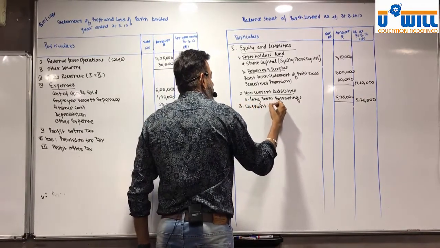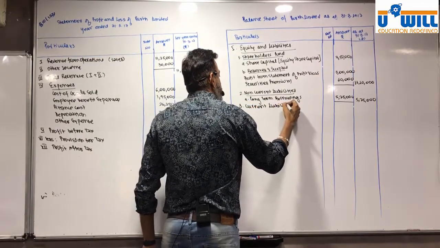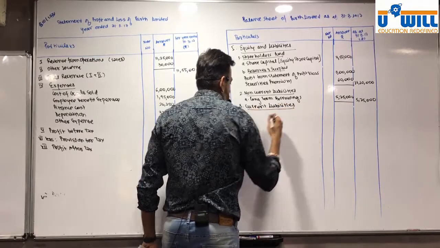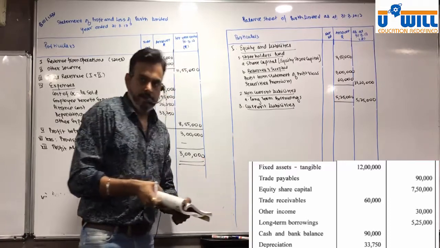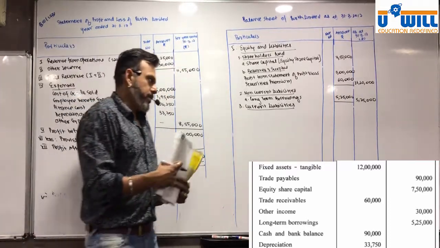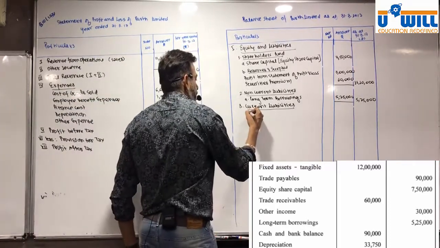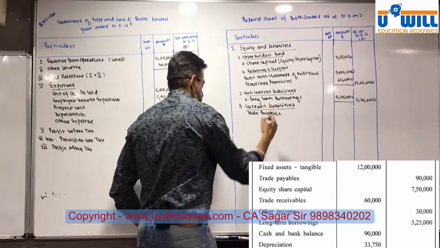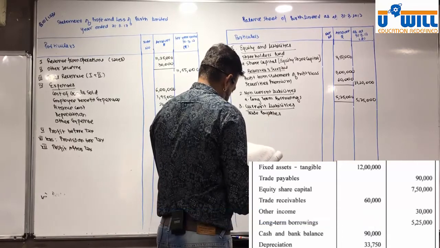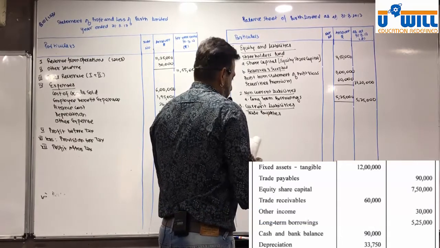Third, current liabilities. Short-term borrowings? Not there. Yes, we have trade payables. Trade payables $90,000.